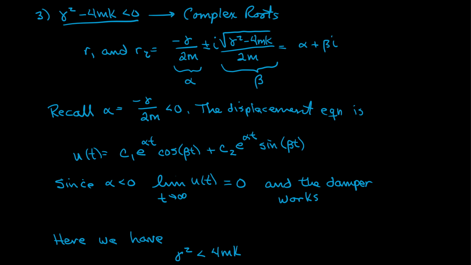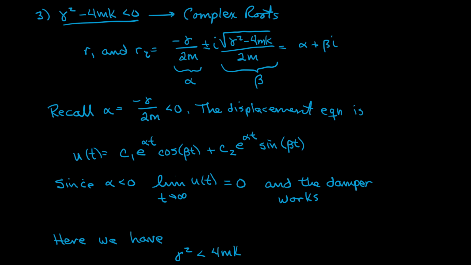In this case, our two roots, r1 and r2, are going to look like negative gamma over 2m plus or minus i times the square root of gamma squared minus 4mk, over 2m. This comes from using the quadratic formula as we did in the previous two cases.